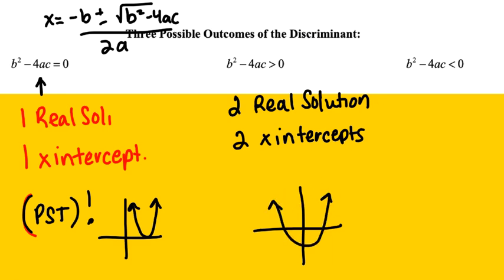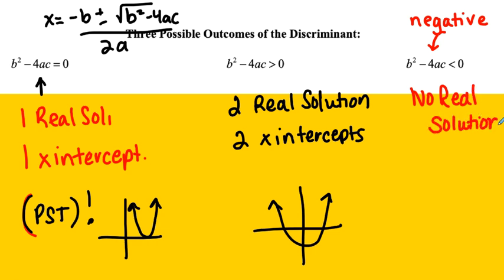The last one is that situation where I told you for now, we aren't going to be working on because we haven't learned yet about imaginary numbers. But if b squared minus 4ac is less than 0, which means that the number under the square root is negative, it means it has no real solution.